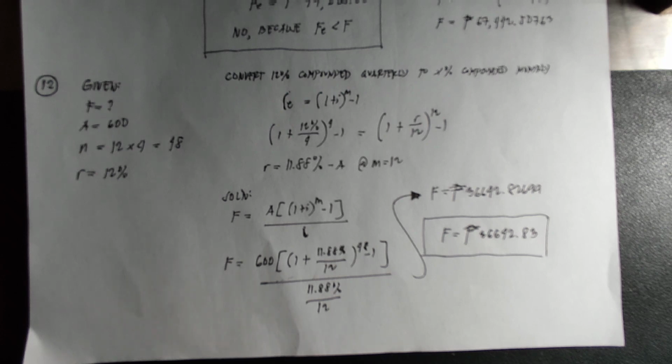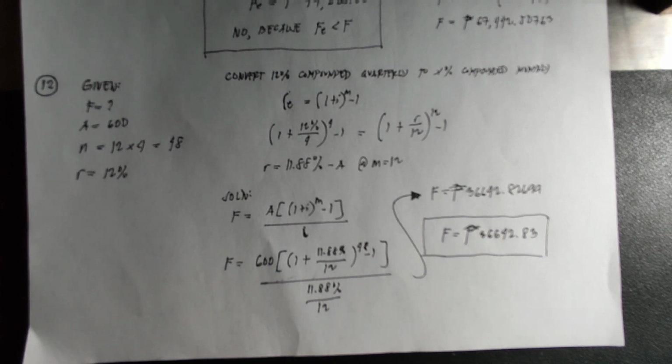Then for the solution, to find the future amount, we will use the formula F is equals to A multiplied to the quantity of 1 plus i raised to n minus 1 all over i. Substitute the values: 600 multiplied to the quantity of 1 plus 11.88% over 12 raised to 48 minus 1 all over 11.88% over 12.